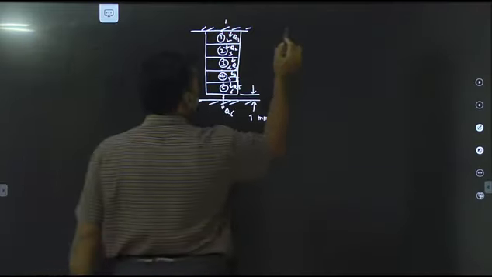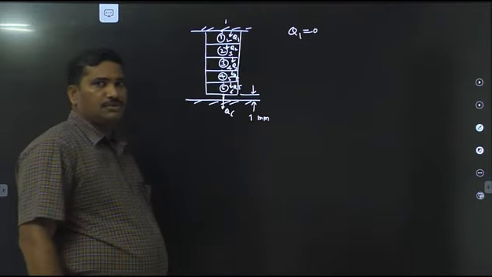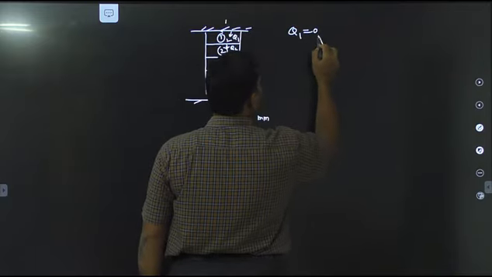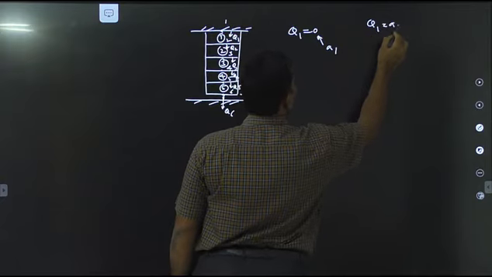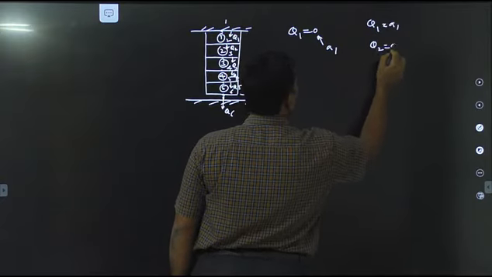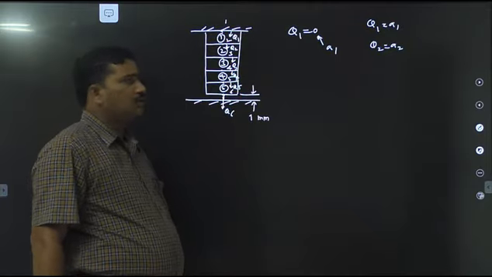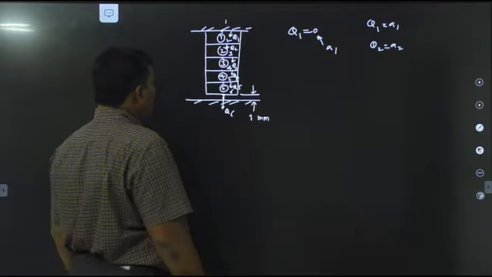Here Q1 is 0. So according to our notations, A1 is 0 here. This is A1 because say Q1 equals A1 and Q2 equals A2. This type of convention we follow. And Q1 equals 0, so A1 is 0.